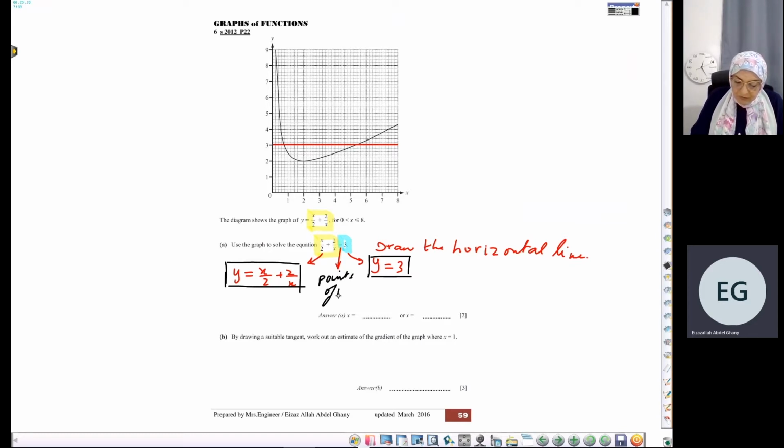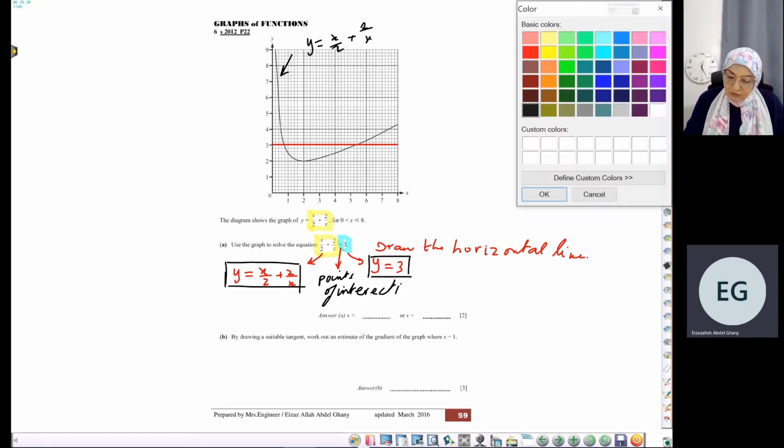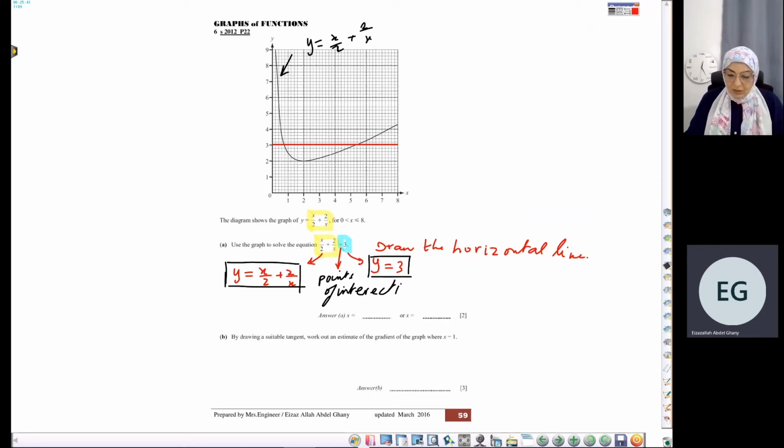Points of intersection. All this from this simple equation, yes, because this black curve y equals x over 2 plus 2 over x is already drawn, and the line which we drew now is an additional line, which is y equals 3, cuts the y-axis at 3.